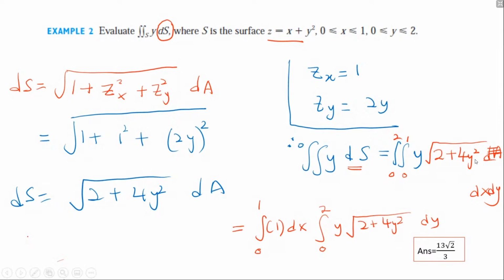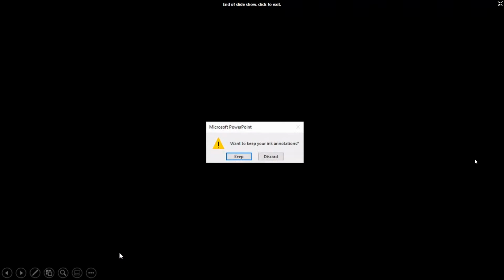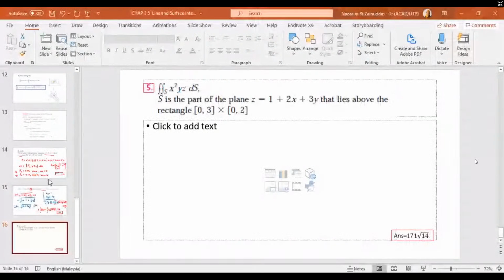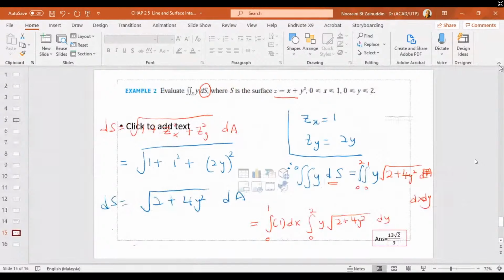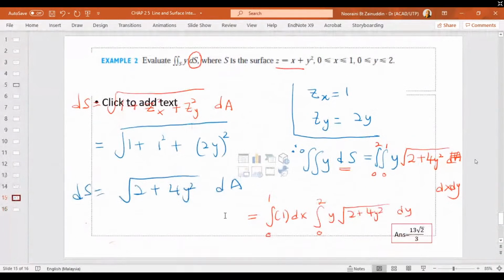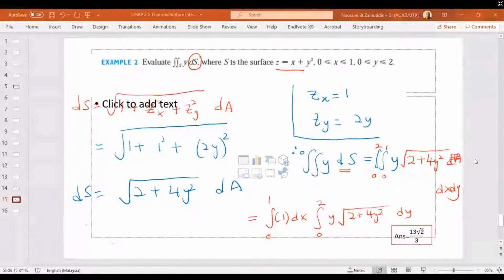You can try this question, and you should get the answer equivalent to 13 over 2, 13 square root 2 over 3. Maybe you can try whether you get the same answer. And if you notice, you have 2 plus 4y squared.